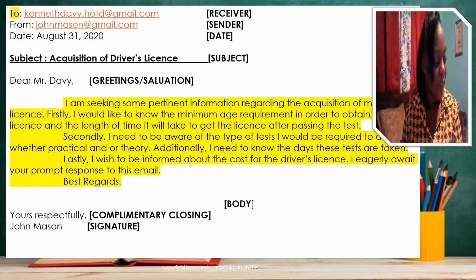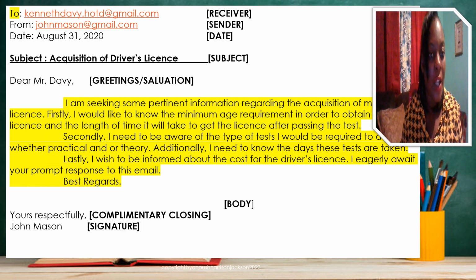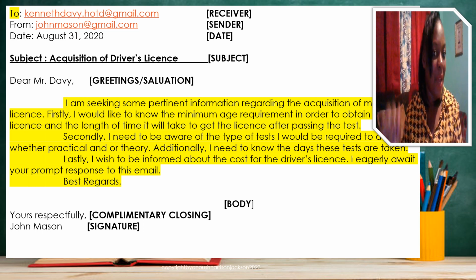And of course we have the complimentary close, right? So yours respectfully, complimentary close. And of course we have the signature, which would have been John Mason. All right, and so in terms of the format of the email, the student will not be marked down or penalized for that, because it would have been there. Okay, are you seeing it? Good.